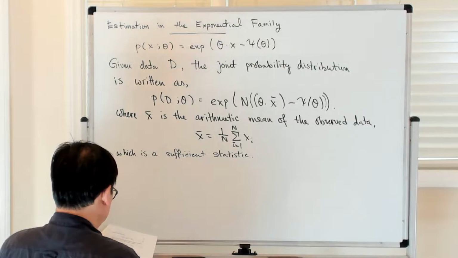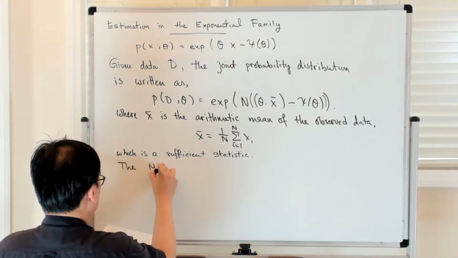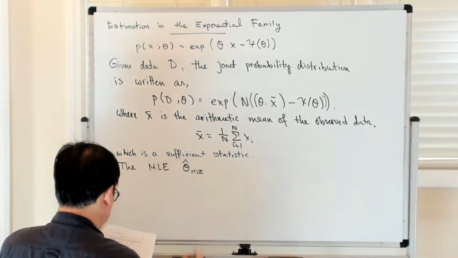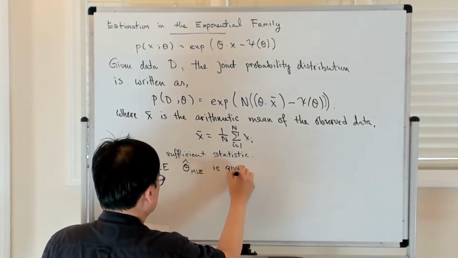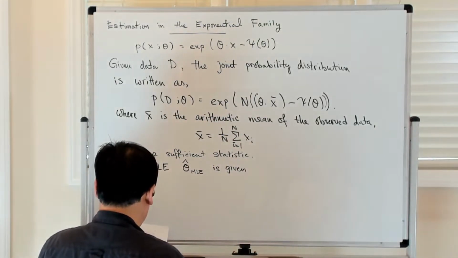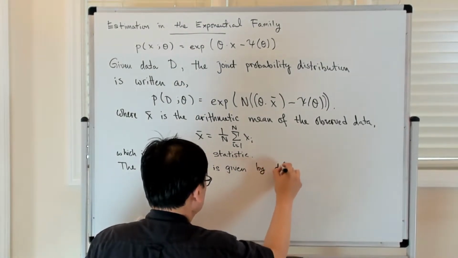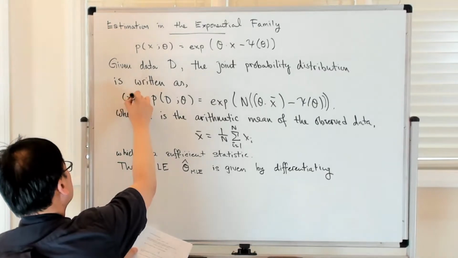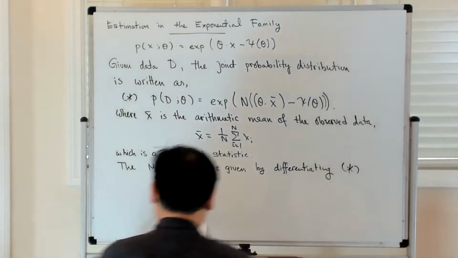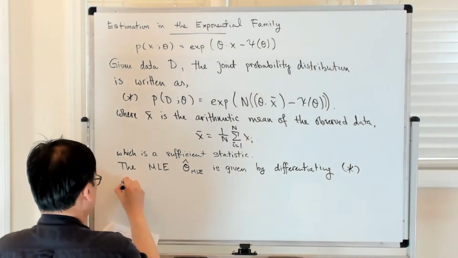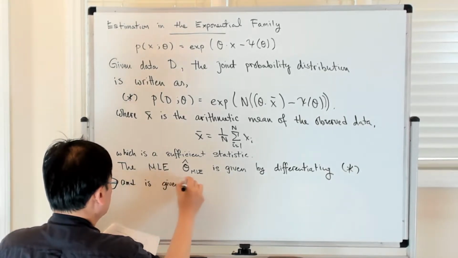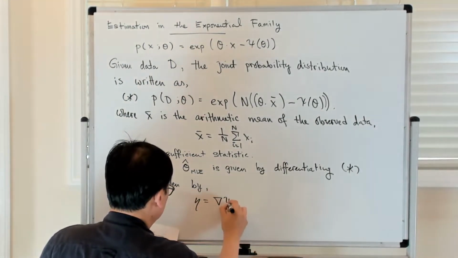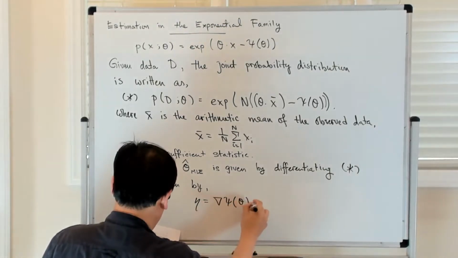Okay, so you can ask, what is the maximum likelihood estimator? The maximum likelihood estimator for theta is given by differentiating the joint probability distribution, and is given by eta equal to the gradient of phi at theta equals x bar.